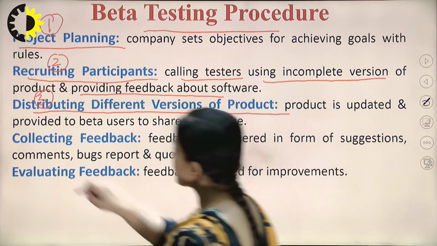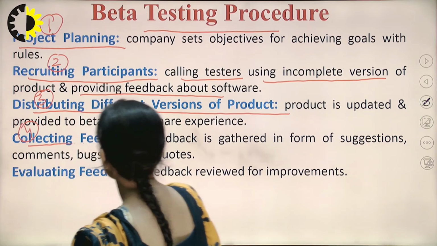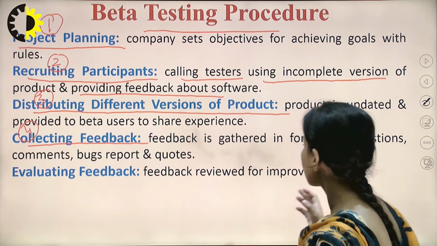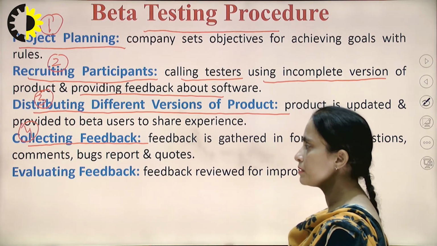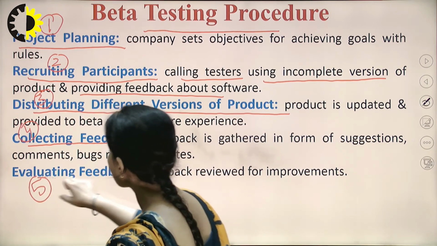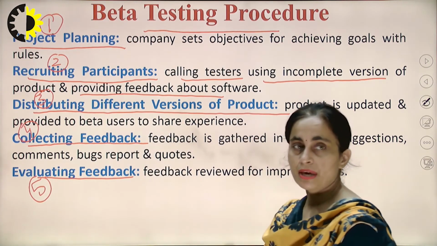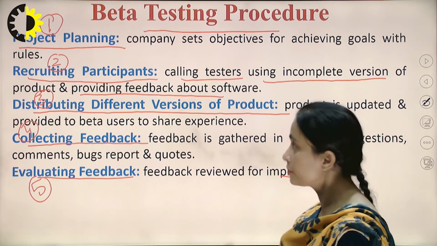Then the next task is collecting the feedback. Feedback is gathered in the form of suggestions, comments, bug reports and codes. Then fifth is to evaluate this collected feedback, meaning the feedback is reviewed for improvements.